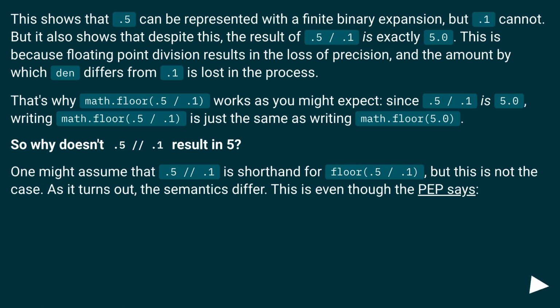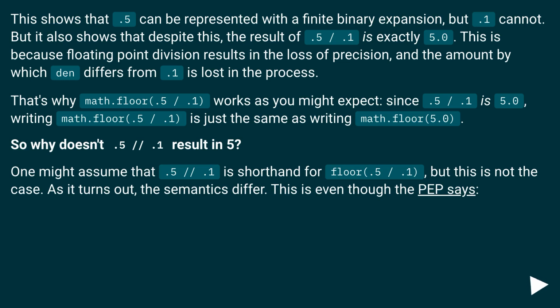This shows that .5 can be represented with a finite binary expansion, but .1 cannot. But it also shows that despite this, the result of .5/.1 is exactly 5.0. This is because floating point division results in the loss of precision, and the amount by which den differs from .1 is lost in the process.